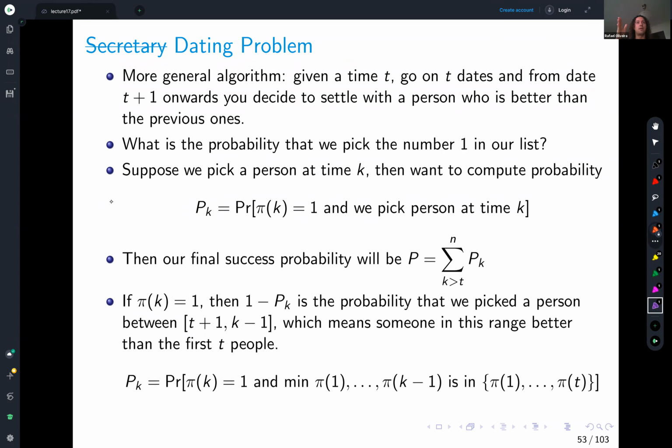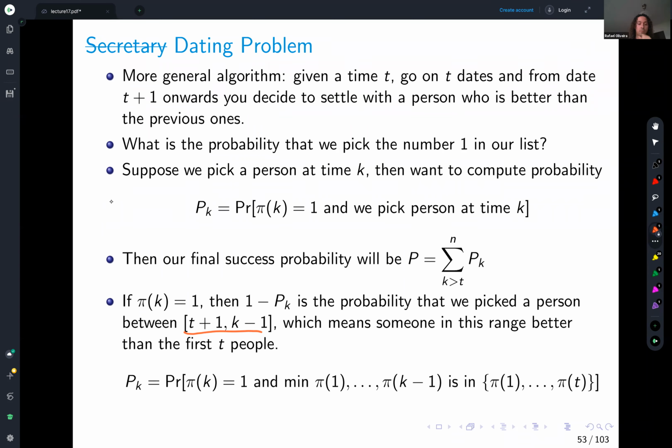The probability that I fail here is the probability that I have to pick a person before I see the first person, right? So this is the probability that we pick the person between times t plus 1 and k minus 1, which means that someone in this range is better than the first t people that we saw, because that's our algorithm. Does that make sense?